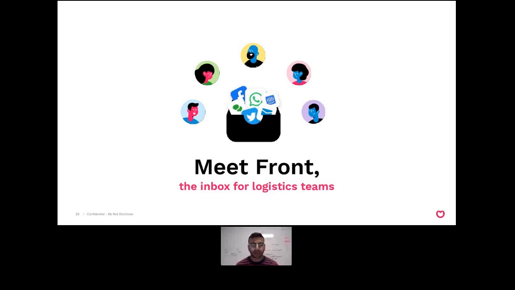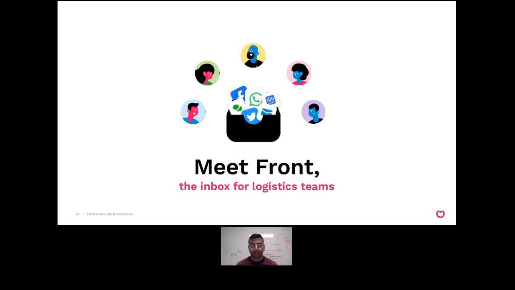So meet Front, right? And this is really now some of the solutions that I want to talk about based off of these topics that I've covered about inefficiencies with modern day email practices, right? Front is the inbox for logistics teams.